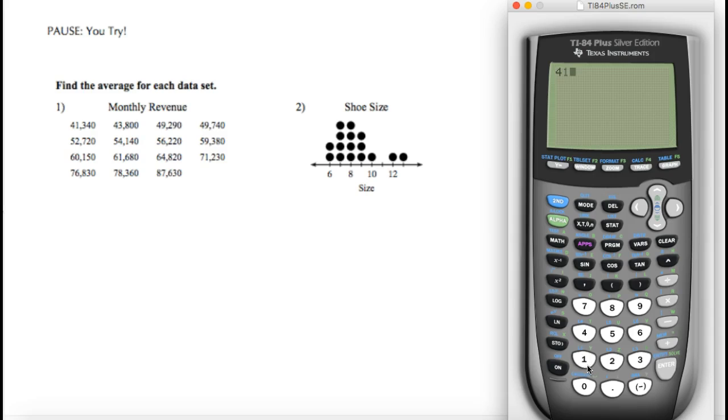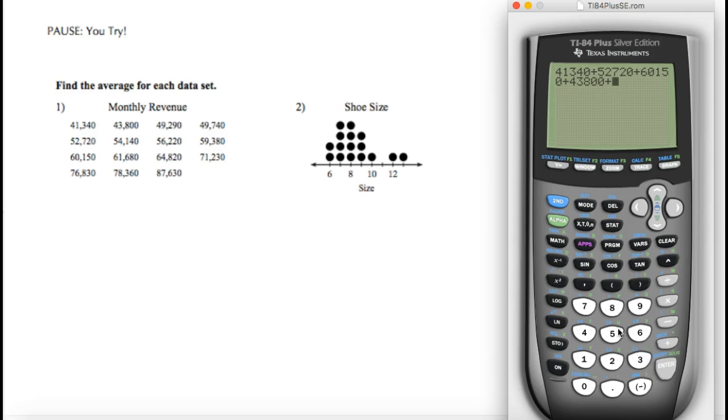So 41,340 plus 52,720 plus 60,150 plus 43,800. Oops, now I can just go back.